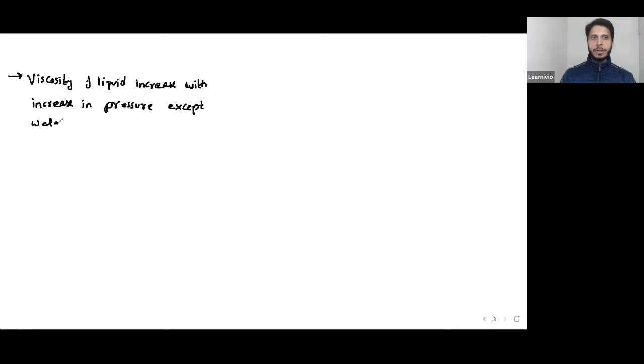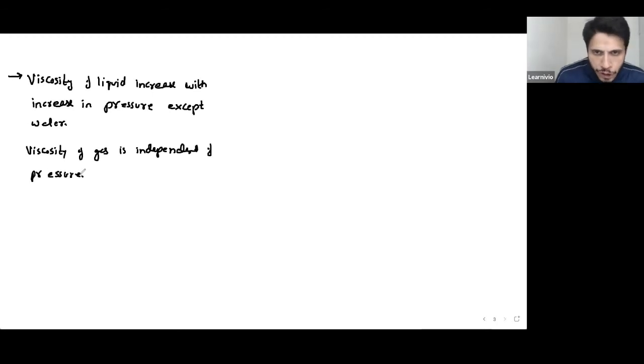If you take water, then viscosity will decrease. But viscosity of gases is absolutely independent of pressure. You keep on changing the pressure, viscosity of gas will not change. So if you change pressure, the viscosity of gas will not change.